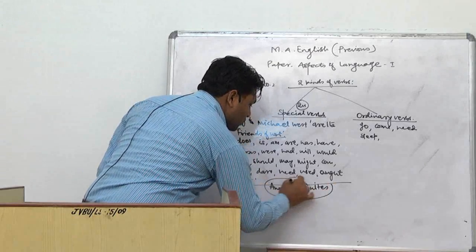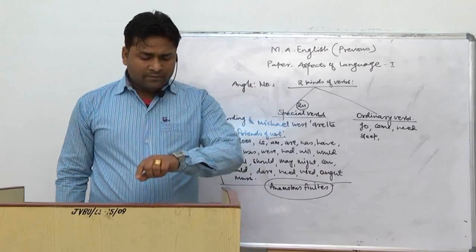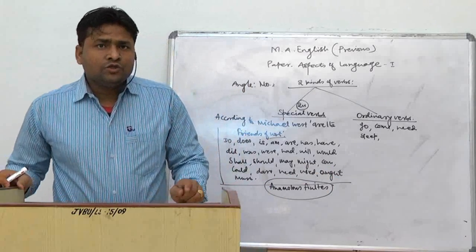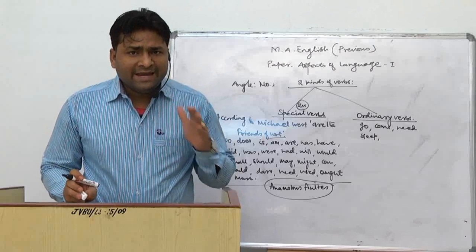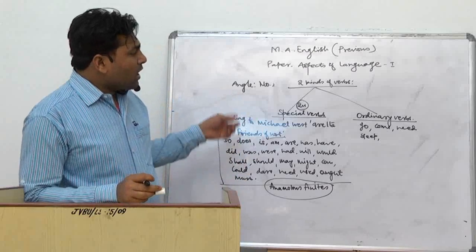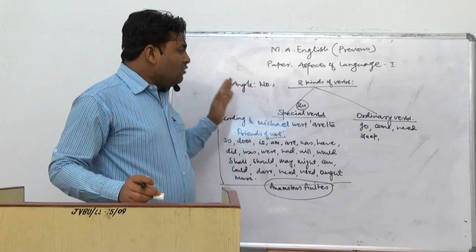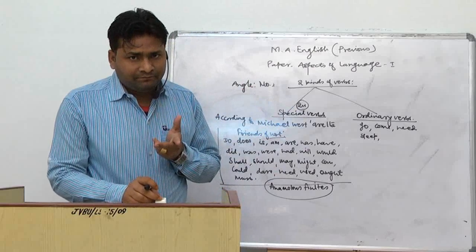These verbs are called anomalous finites because along with these verbs we can use not also. Now the point will be very clear to you: what are the special verbs, what are the ordinary verbs, and what is the difference exactly between both of them.